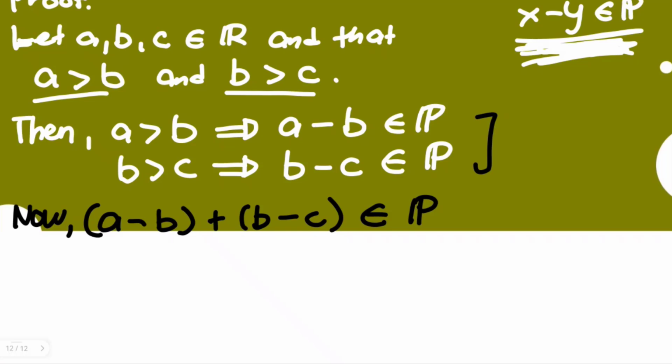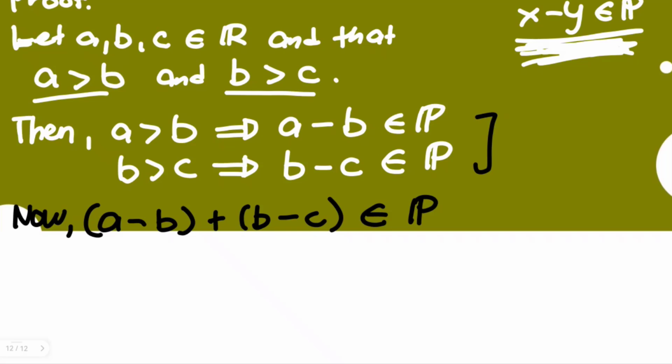The answer is yes. This is one of the properties of positive real numbers, where the sum of positive real numbers is also a positive real number. That's a closure property for the set of positive real numbers. Hence, they are still elements of P.